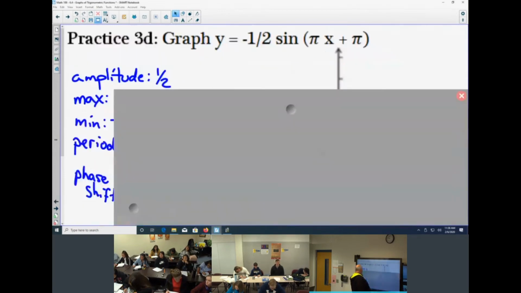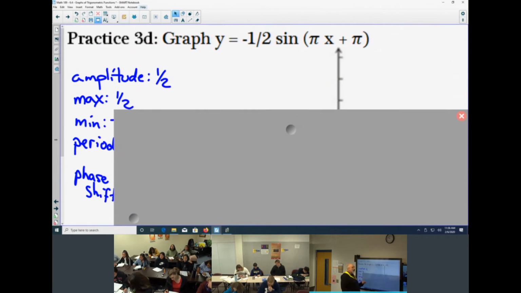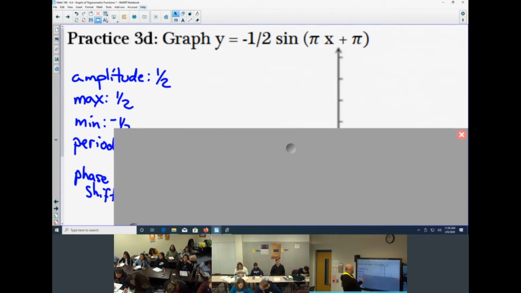All right, so Hannah, what's the highest the graph goes? 1/2. And what's the lowest the graph goes? -1/2, very good.